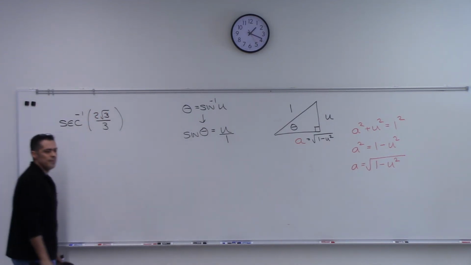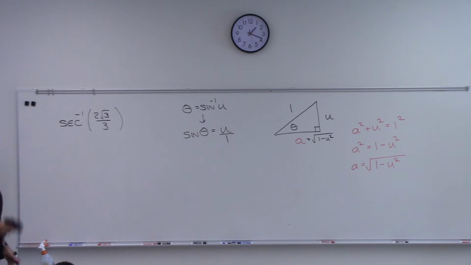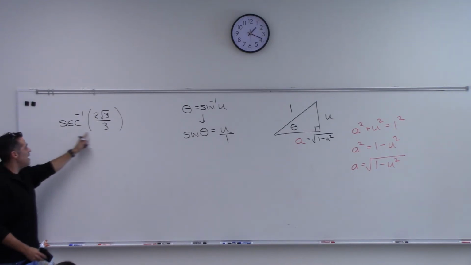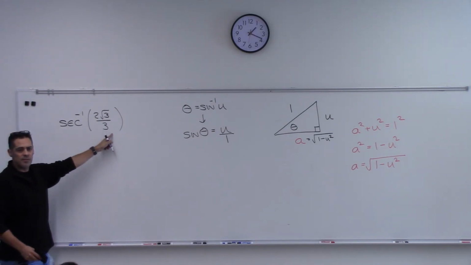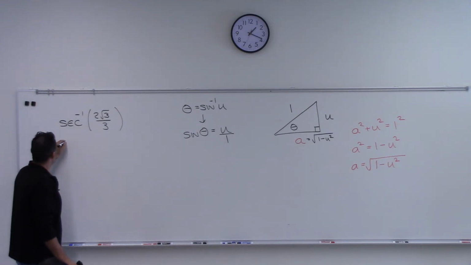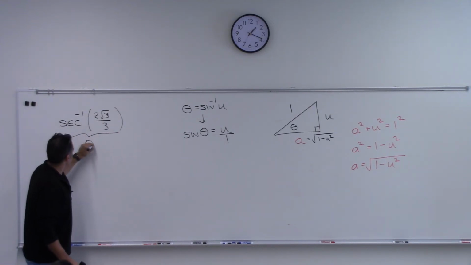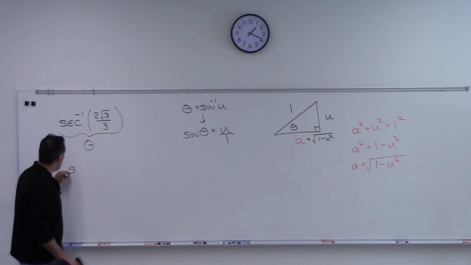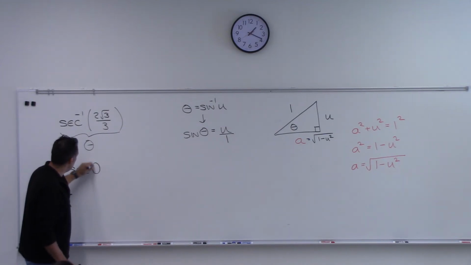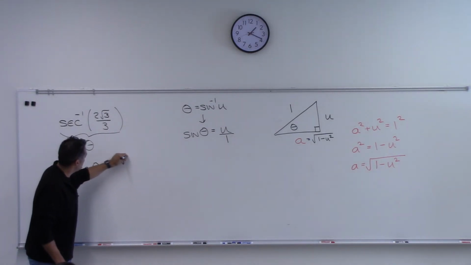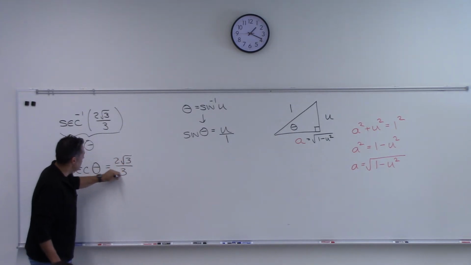All right, so we're just going to play the same game we've been playing. This is an angle, some angle theta. And what that means is that secant of that angle has to be 2 root 3 over 3.